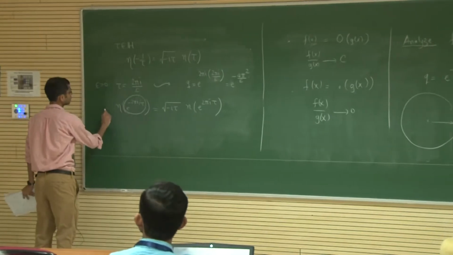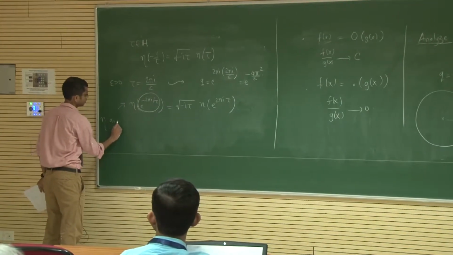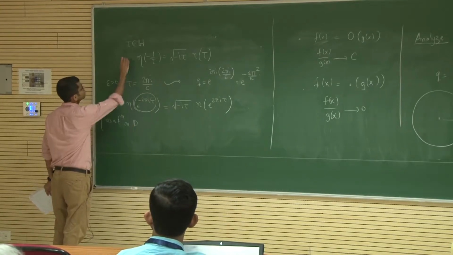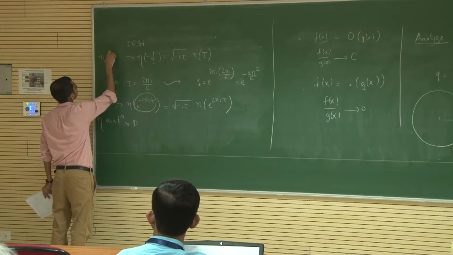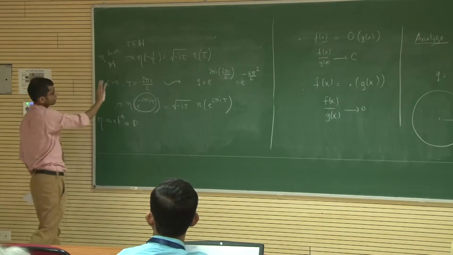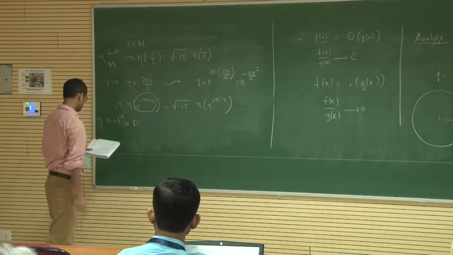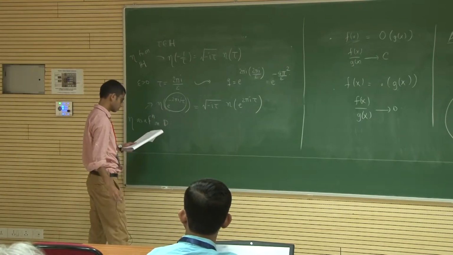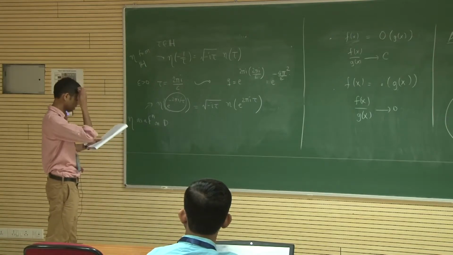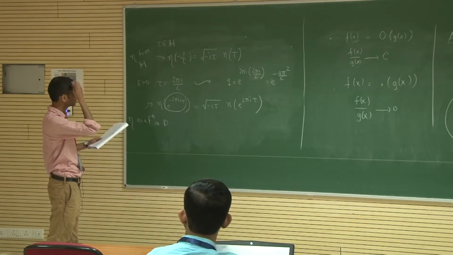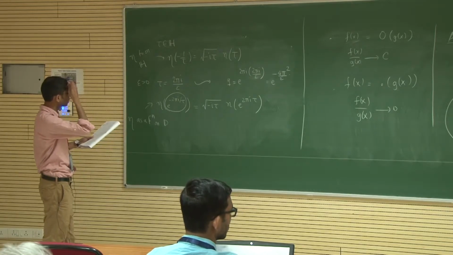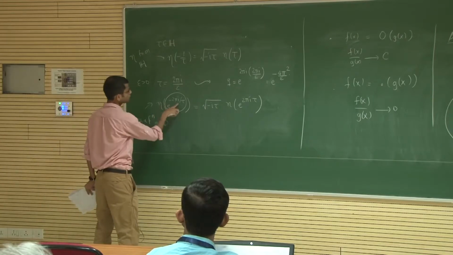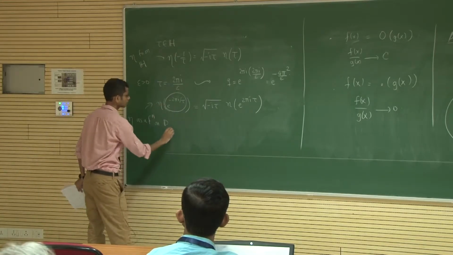So here I am thinking of eta as a function on the unit disk, and here I am thinking of eta as a function on the upper half plane. It's a little confusing, but this is the one I need. So let's plug in. Tau is 2 pi i over epsilon.